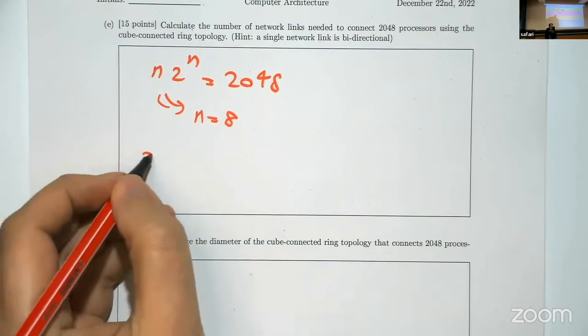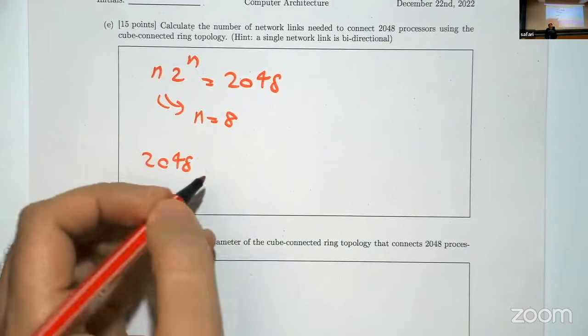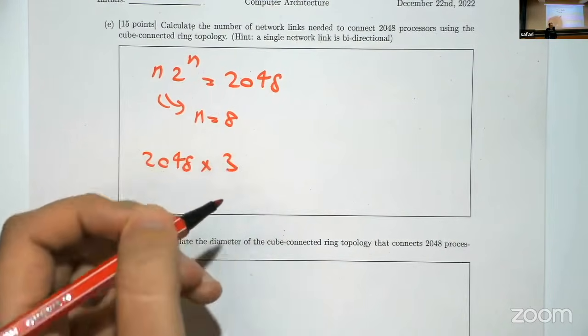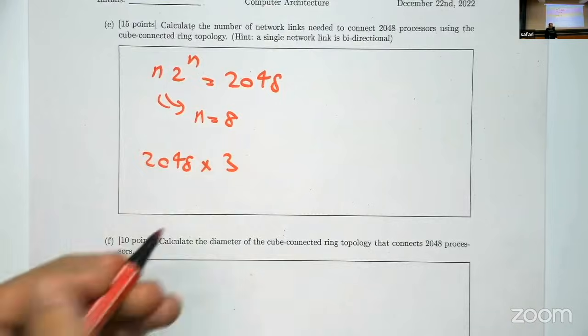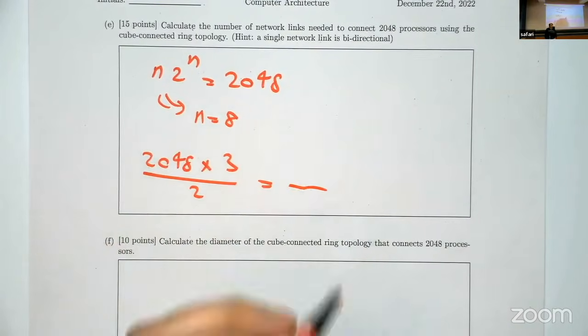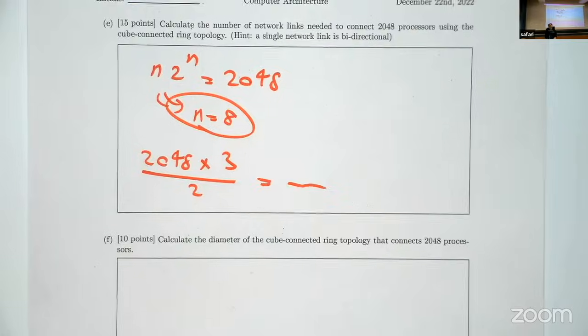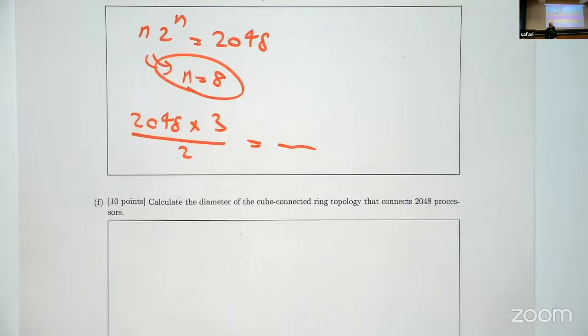So we have 2048 nodes, and the degree of each node is actually 3, right? Because each node has 3 neighbors, divided by 2. But it's good that we also calculate n here, but we don't really need it. We need it for the next question, I guess, yeah.